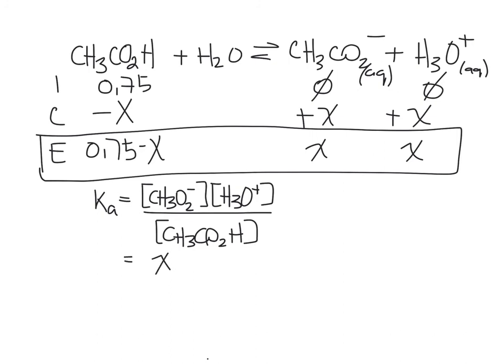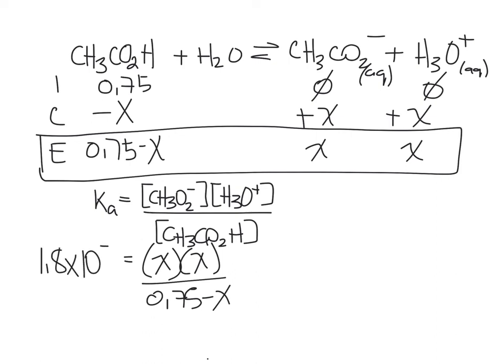So x times x over 0.75 minus x. And this is acetic acid, so we can find our Ka value by looking it up in the appendix, and it is 1.8 times 10 to the negative 5.